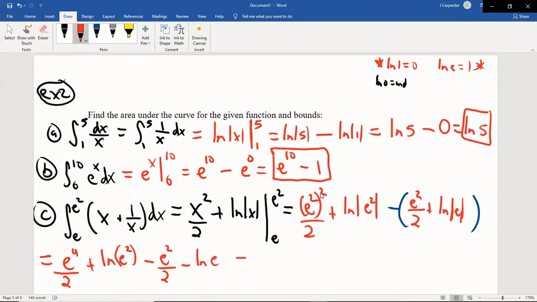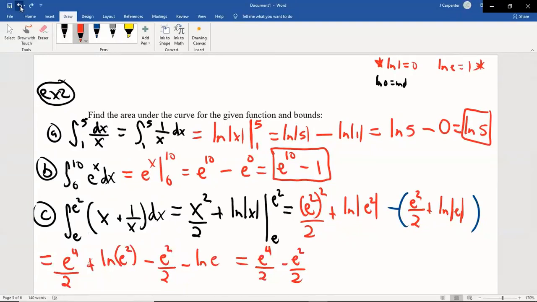All right, well, there's some stuff we can do here. The e to the 4th over 2 minus the e squared over 2, you can't do anything there. You're stuck with those. That's e to the 4th over 2 minus e squared over 2. That's the first and the third terms.